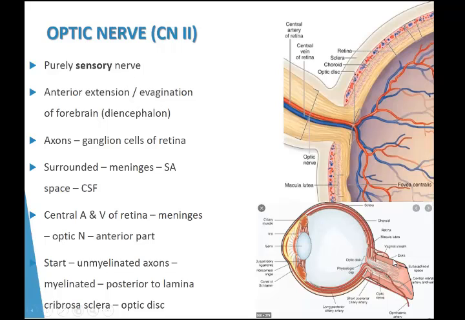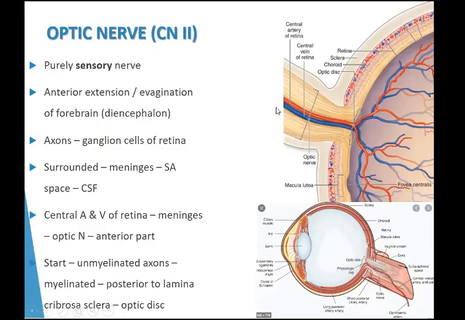So this is the dura, this is the arachnoid, and this is the pia. And between the arachnoid and pia, this is the subarachnoid space. So optic nerve, considered to be an extension of the forebrain, formed from the axons of the जो ganglion layer है, ganglion cells की जो layer है उसके axons, ठीक है?